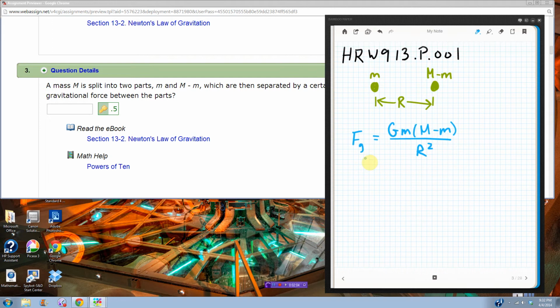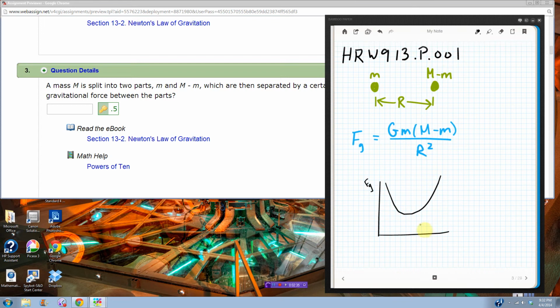The way that you maximize something is you get it as an equation, and then you take the derivative of it and set that derivative equal to 0. I'm just going to sketch a function. This is not the function we're dealing with. Let's say this is the quantity you were trying to optimize, the force of gravity.